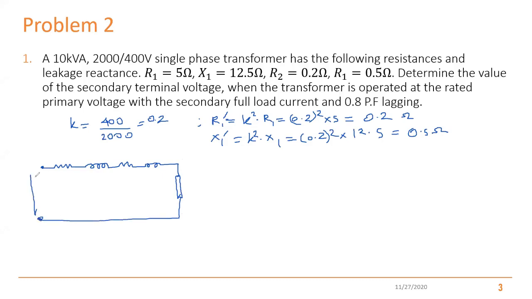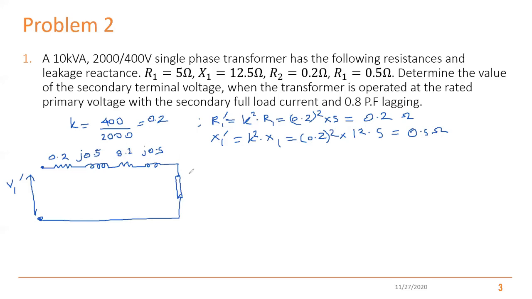Like this. This is the primary voltage referred to secondary. So this one is primary quantities referred to secondary. I already calculated as 0.2, this is j0.5. So these are primary values.